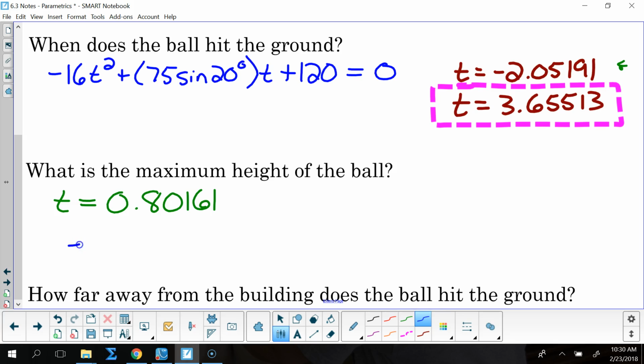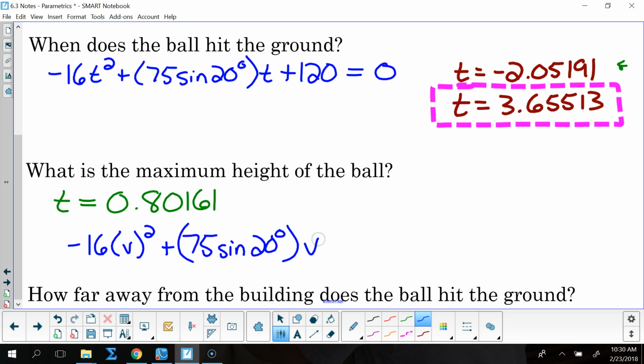So negative 16, now in this case I stored it as v squared plus 75 sine of 20 degrees times v plus 120. Now, here's the cool thing about storing all that stuff.